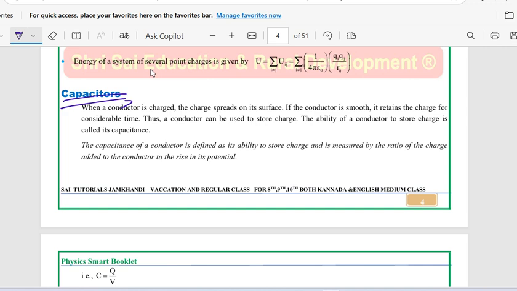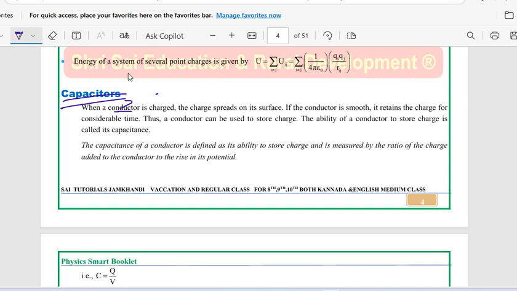I have told you what a conductor is. A capacitor is also a conductor, or a group of conductors separated by an insulator.